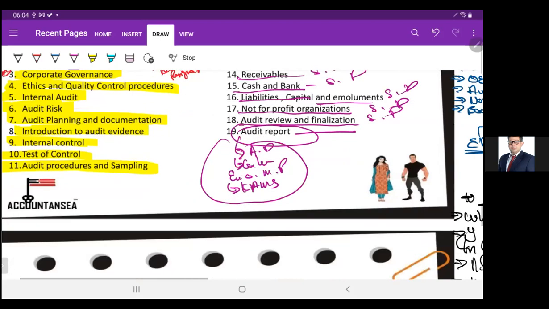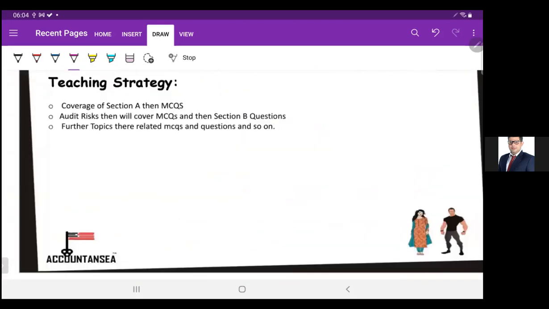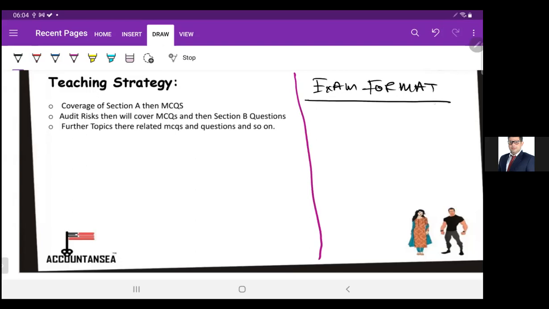Now, what will be the teaching strategy and the exam format? Firstly, let me tell you about the exam format. There will be a Section A of 30 marks in which you will get OTQs.